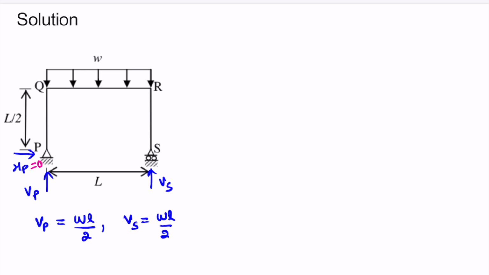Now let us solve this problem by using the free body diagrams. Let me draw separately the beams and columns. Here is the column RS. Here is this beam which is QR. Let us name them. This is R and S. Starting from S, we have this Vs here, which is WL by 2, upward.